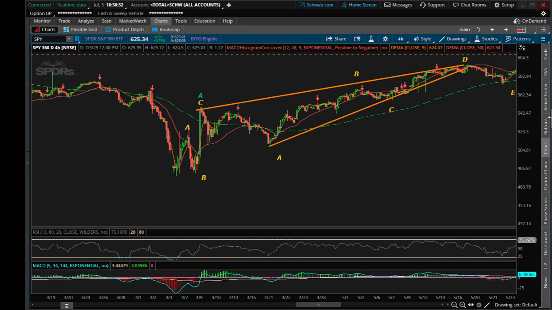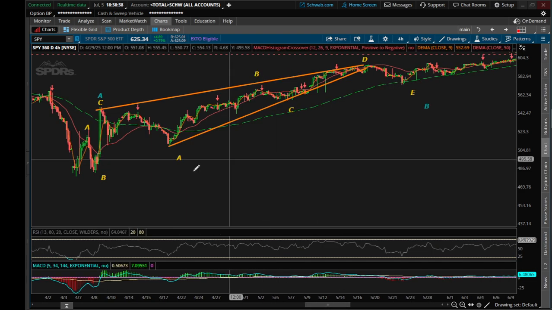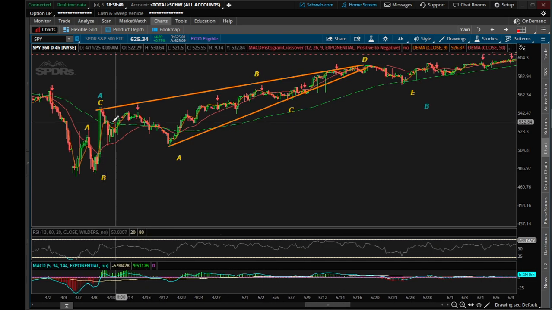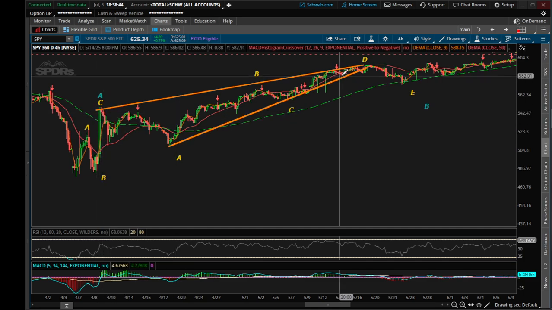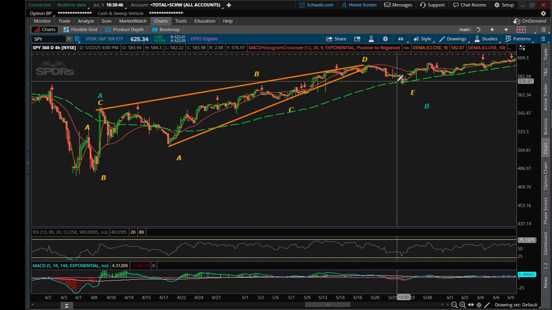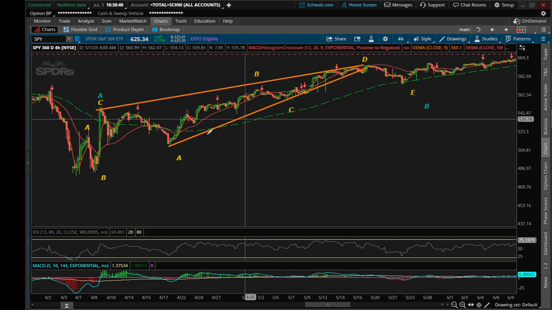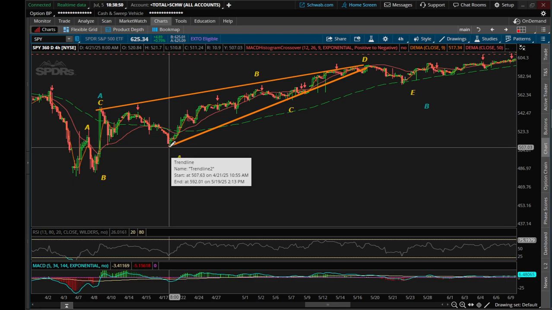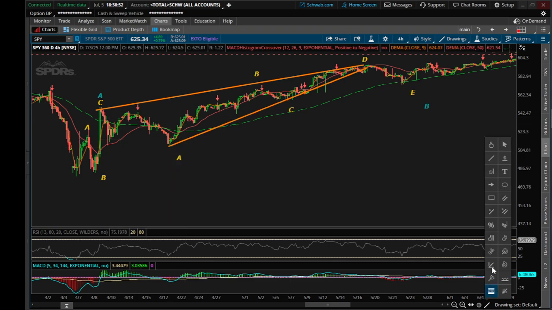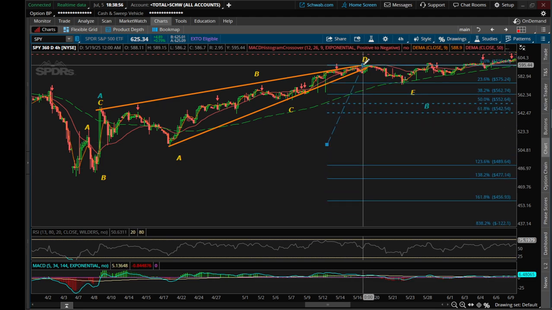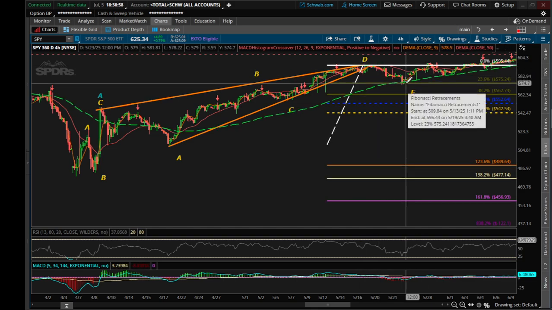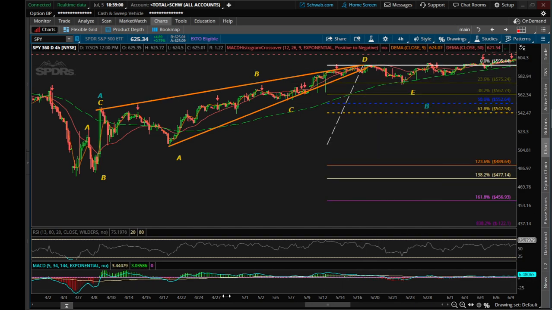Just get a good visual on how you get your three moves here, your triangle pattern, it breaks out and retraces to 23.6 of the beginning of the triangle. Right here, 23.6. All right.